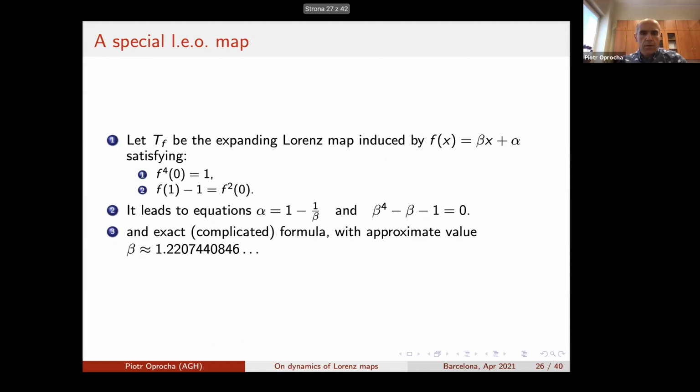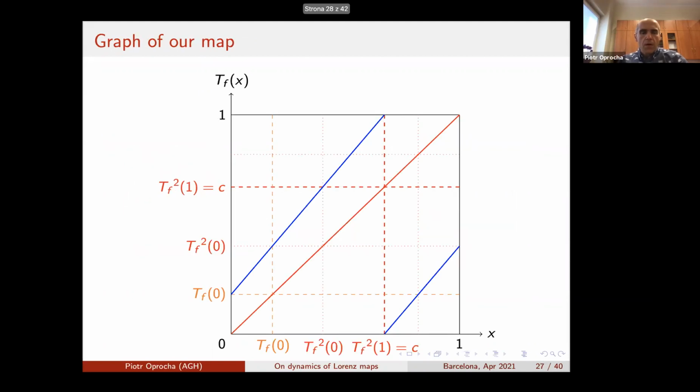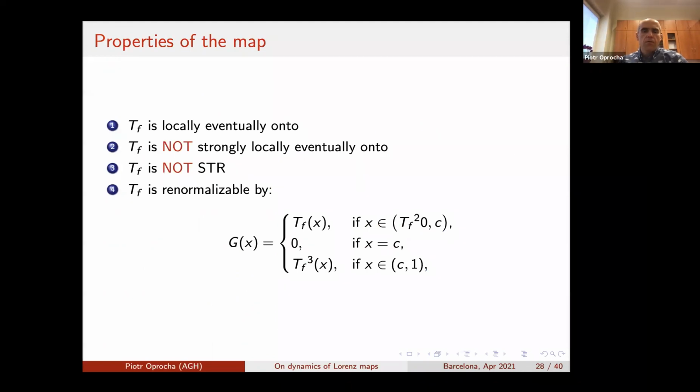Okay, let me also look here. What we were able to prove about that map is that this map has renormalization, and we can exactly provide the formula for the renormalization.